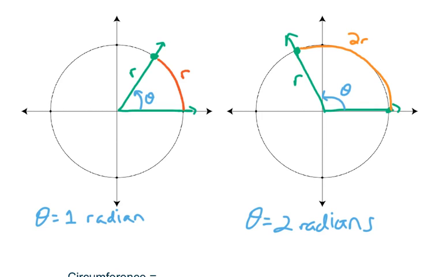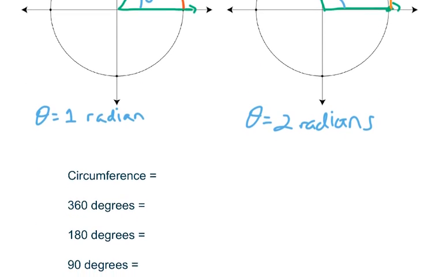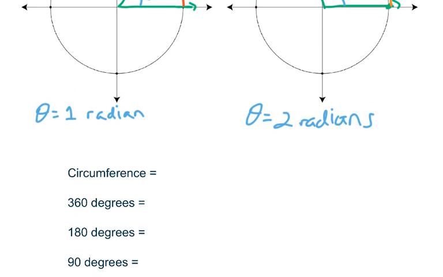Okay, so how do we formalize this, or how do we think of radians in terms of numbers we're used to seeing? And that comes into circumference, and then 360 degrees, 180 degrees, and 90 degrees. If you remember from geometry, the formula for circumference of a circle is equal to 2 pi times the radius.